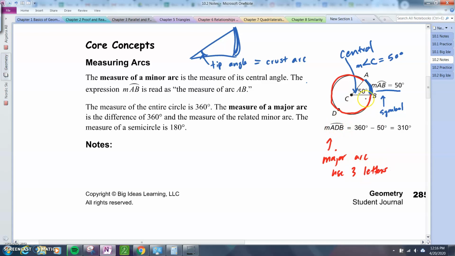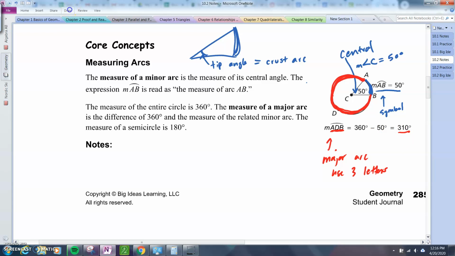It maps it out for you: I go from A to D, which is next to B. So I use all 3 letters to identify that arc. And we know that arc is going to be, well, 360 is the entire circle. If we take away what the minor arc was, which is 50, we're left with 310.